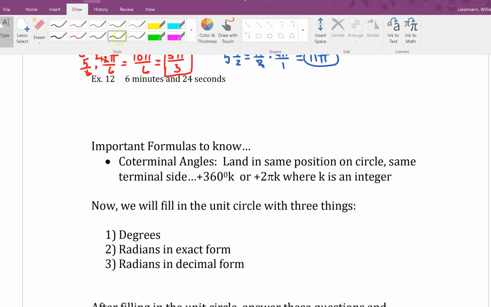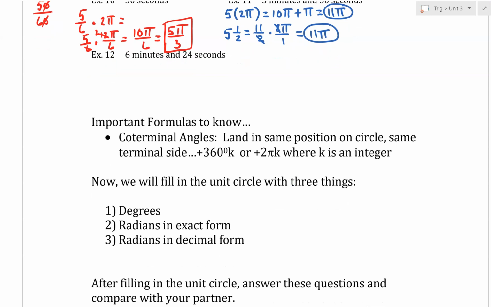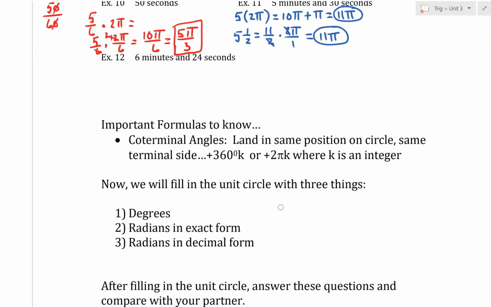In this next one, 6 minutes and 24 seconds. Well, 6 minutes means 6 times around, so 12 pi. 24 seconds, however, is not quite as handy, so we want to think that one through. 24 over 60, we need to reduce this. 12 goes into the top, leaving me with 2, and 12 goes into the bottom, leaving me with 5.